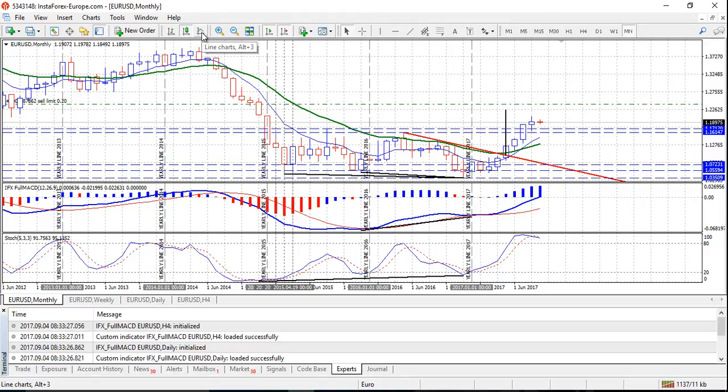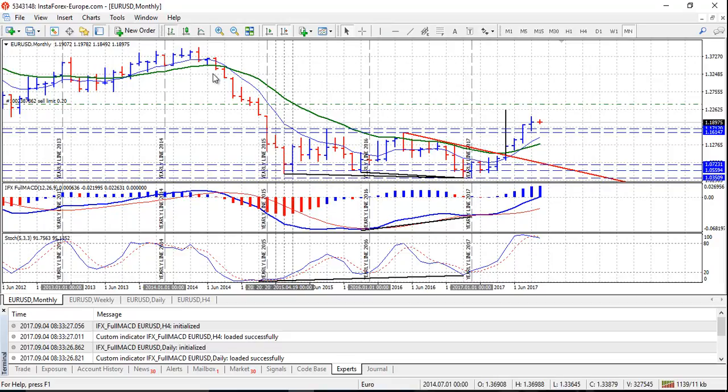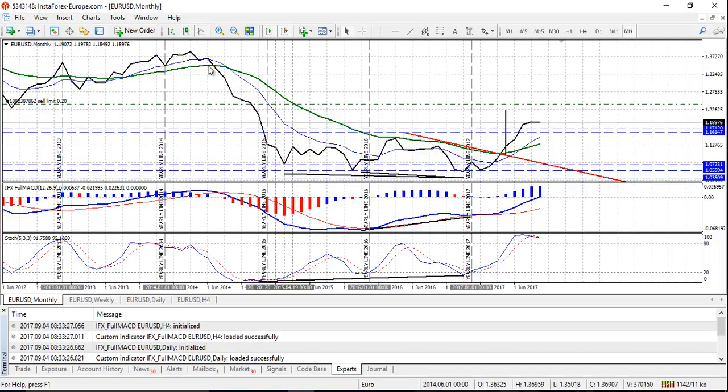Then this is the line chart, and then this is the bar chart. If you click it, you see these will turn to bars, and then if you click this again, you see it has turned to candles, and then if you click this, it gives you just an ordinary line, that is why it is called the line chart.